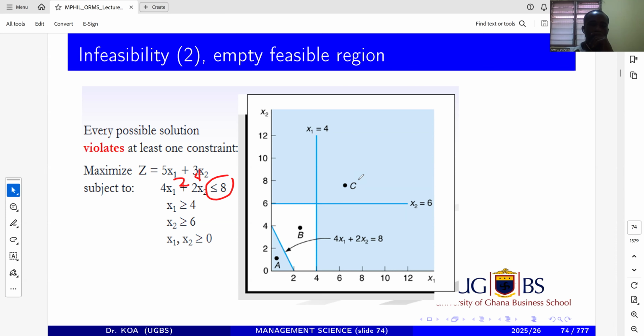What do you mean by it goes beyond the intercept? So let's say the line 4x plus 2x is equal to 8. It's somewhere, let's say the 2 is at say 12, and then the 4 is at say 12, and we have the line up there. And you draw the distance, you still have the shaded area intersecting. Yes, something like that.